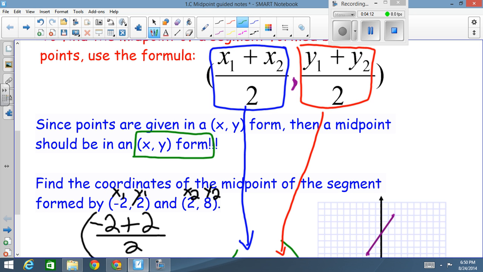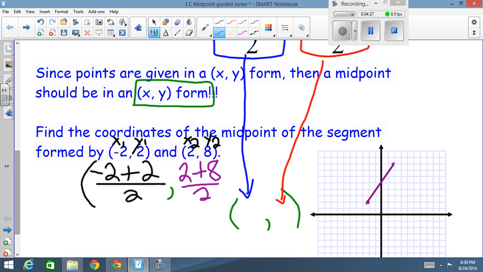I'm going to put that big comma here. And then in the second part, we're going to do y1, which is +2, plus y2, which is 8, and that's going to be divided by 2. And we'll close the parentheses.